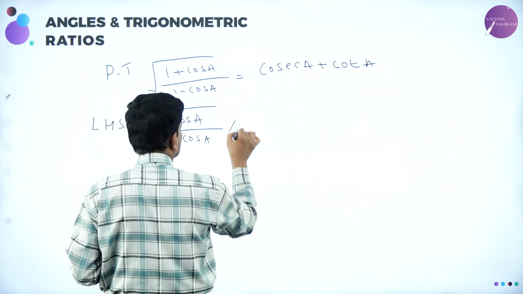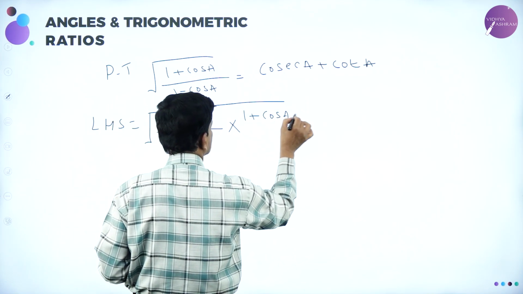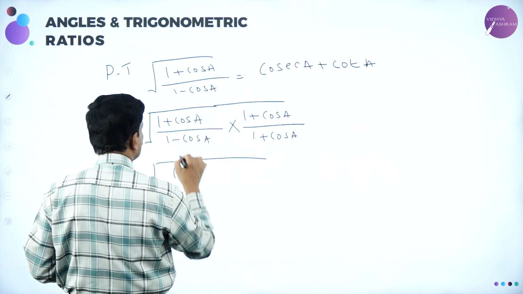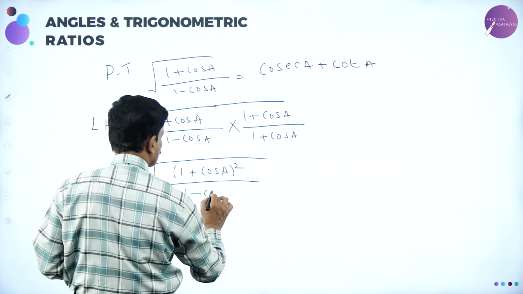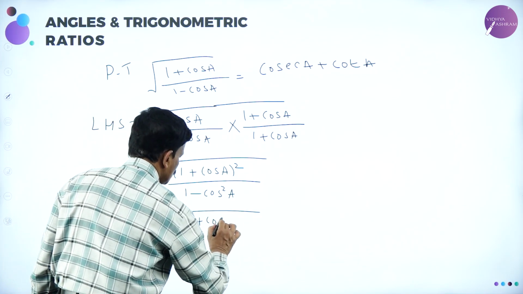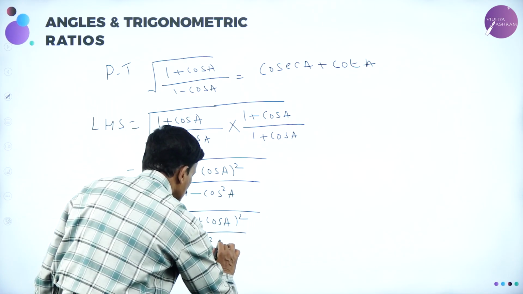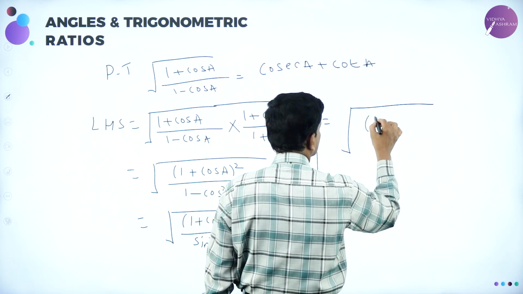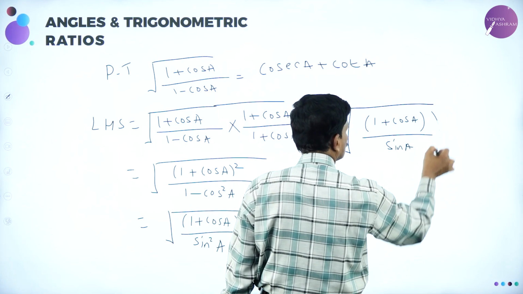Just rationalize it. Rationalizing the denominator, multiply both numerator and denominator by 1 plus cos A. This can be written as the square root of 1 plus cos A into 1 plus cos A, which is 1 plus cos A whole square, divided by 1 minus cos into cos, which is cos square A. So this is nothing but the square root of the numerator, same, 1 plus cos A whole square, divided by, you know what is 1 minus cos square? 1 minus cos square is equal to sin square A. This is equal to the square root of 1 plus cos A divided by sin A whole square.